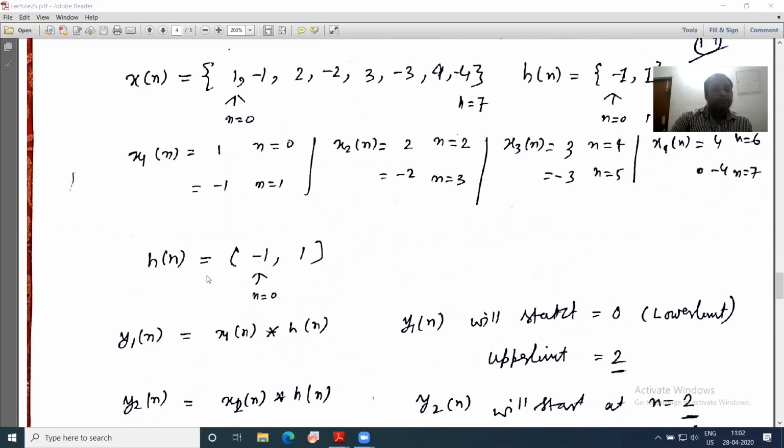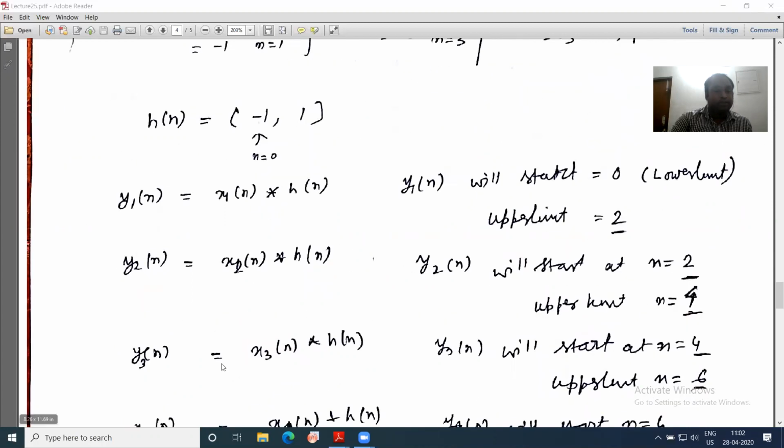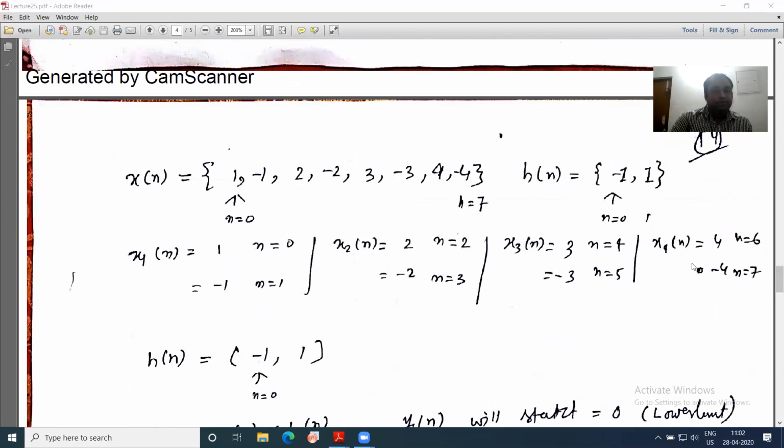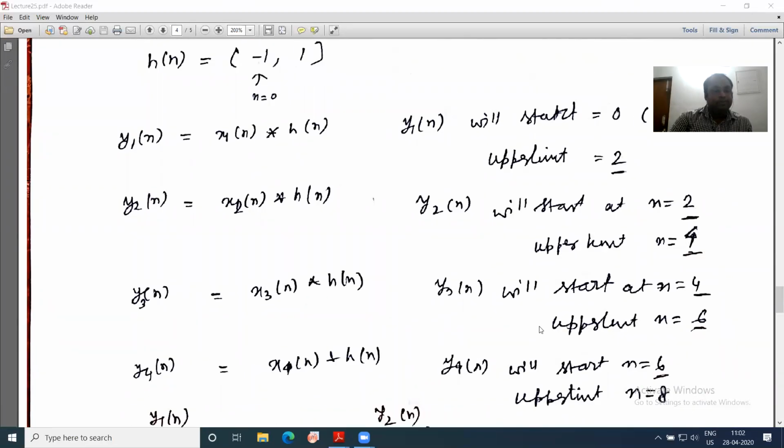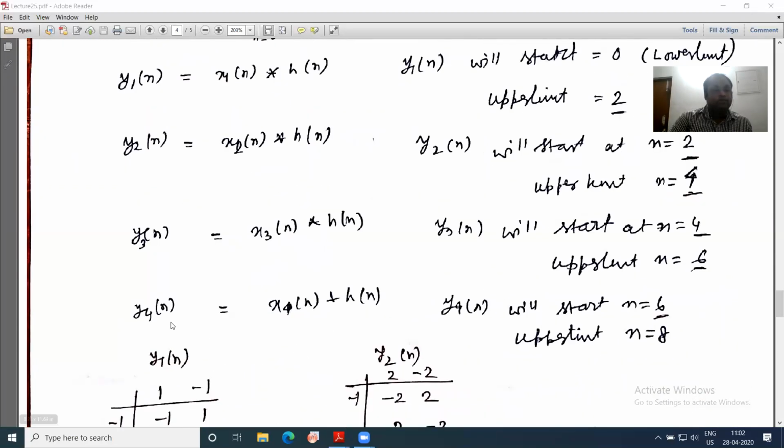x2 of n convolved with h of n, I have got y2 of n. And x3 of n convolved with h of n, I have got y3 of n. And x4 of n, if I convolve with h of n, I will get y4 of n. Agreed?